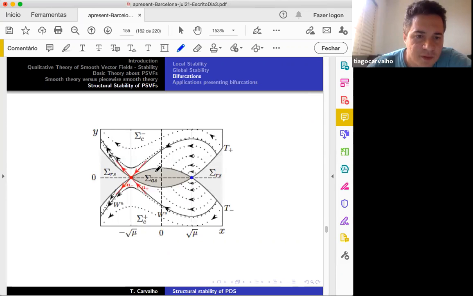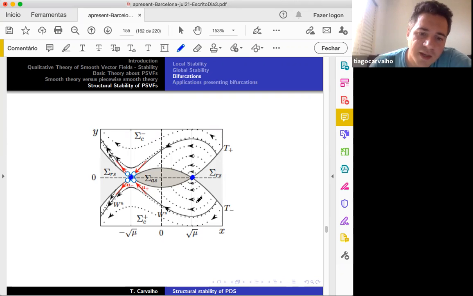So this plane is sigma, and there are two equilibria of the first return map that are the tangency singularities. The tangency singularities are fixed points of the first return map.